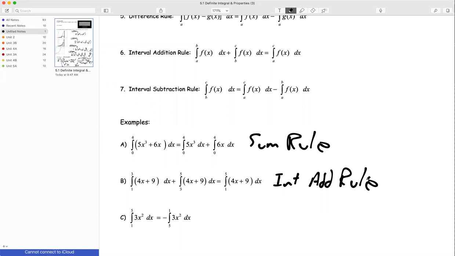This is the reversing limits rule. So now we need a little practice doing some math. Here we go. Turn the page. And let's put this all together.